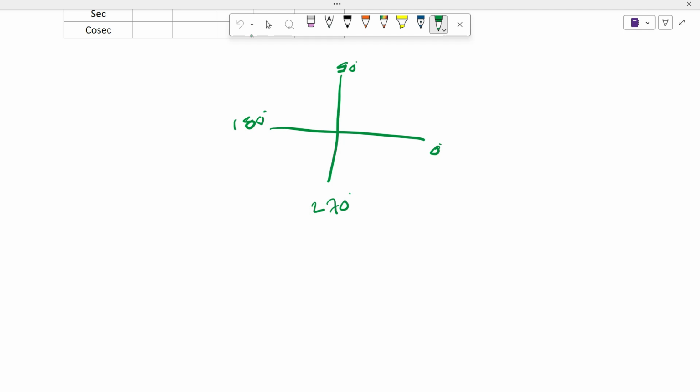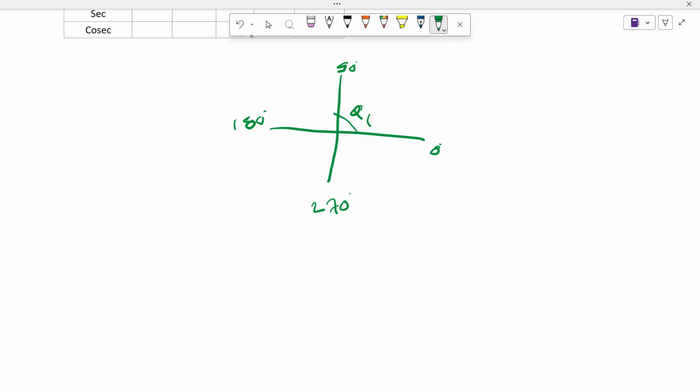Here I have taken degrees as the angles, but you can also take radians: 0 radians, pi by 2 radians, pi radians, and 3 pi by 2 radians. This is the first quadrant, having angles from 0 to 90, or otherwise radians from 0 to pi by 2.